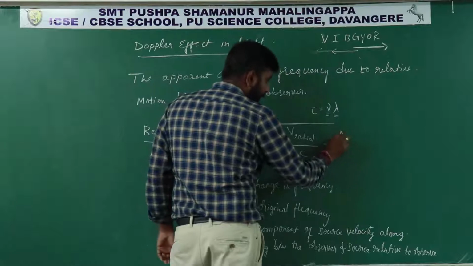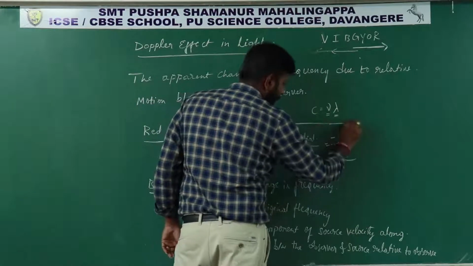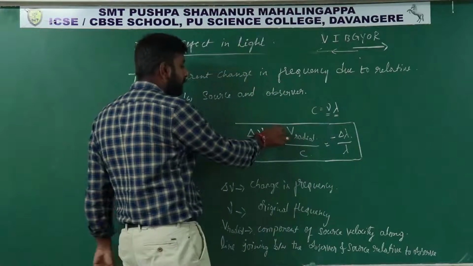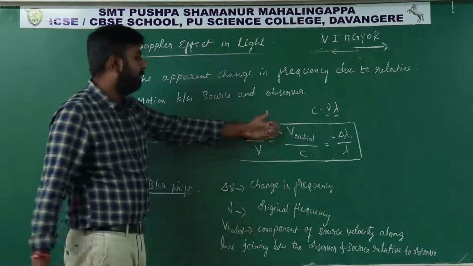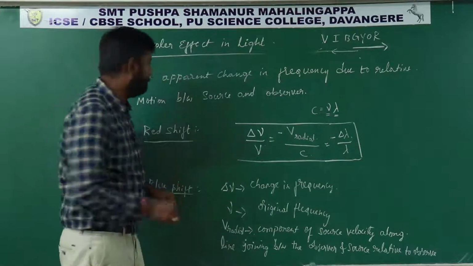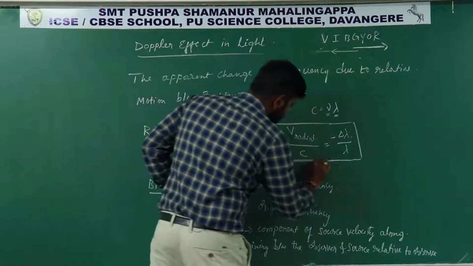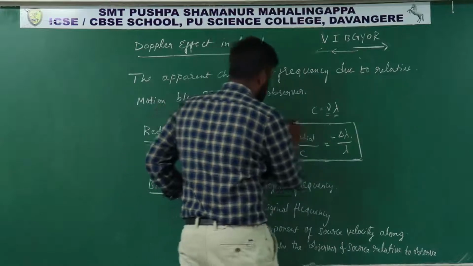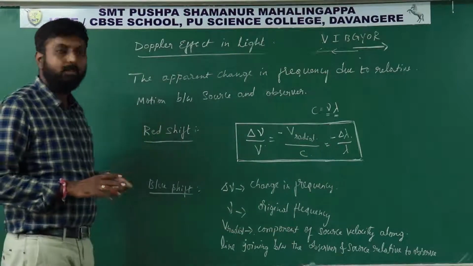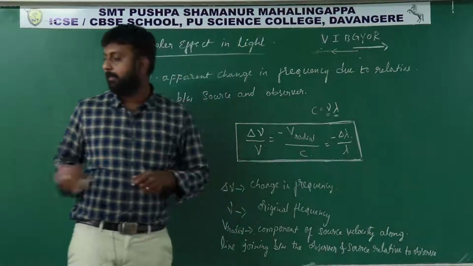You can also consider it as change in wavelength by original wavelength. Remember, for wavelength also you have to use the negative sign with radial velocity. This is a direct formula, no need to derive. And this is about Doppler effect in light. Based on this, I will explain one problem.